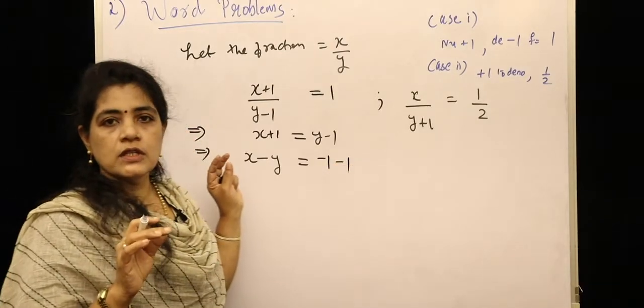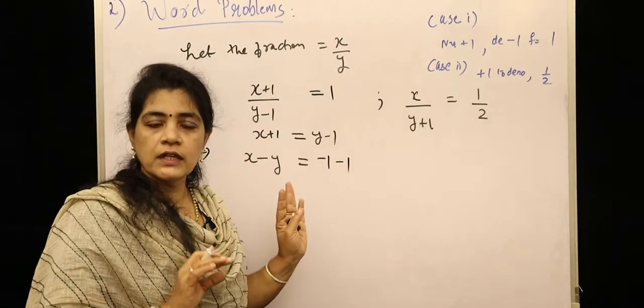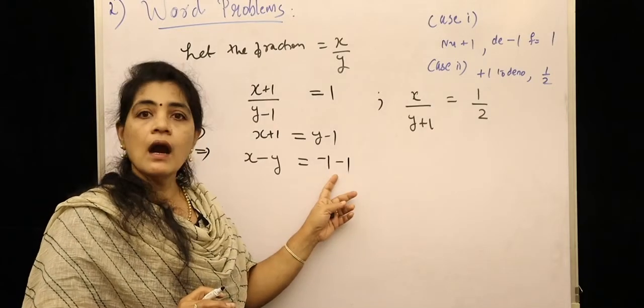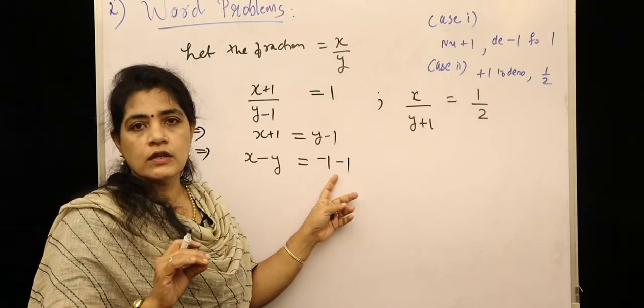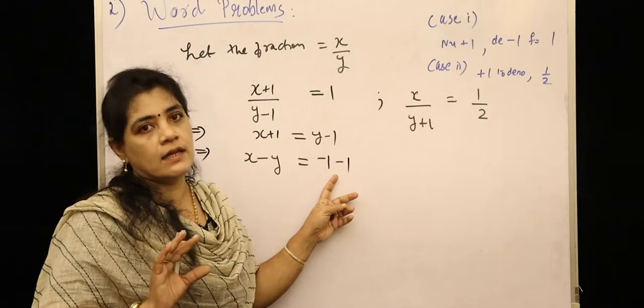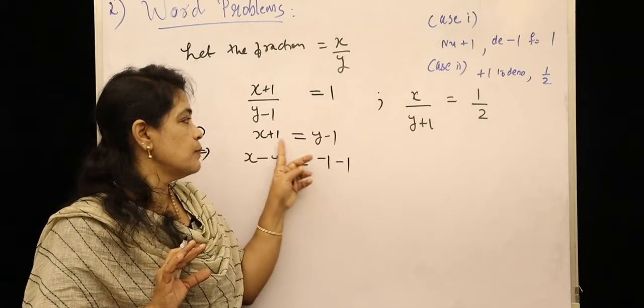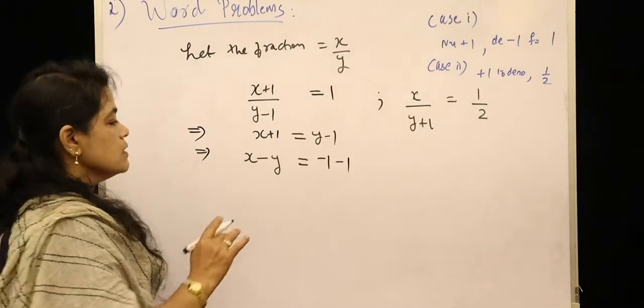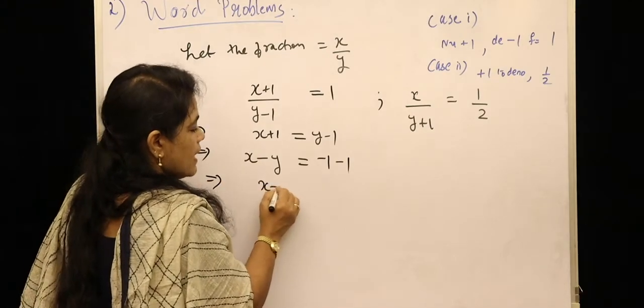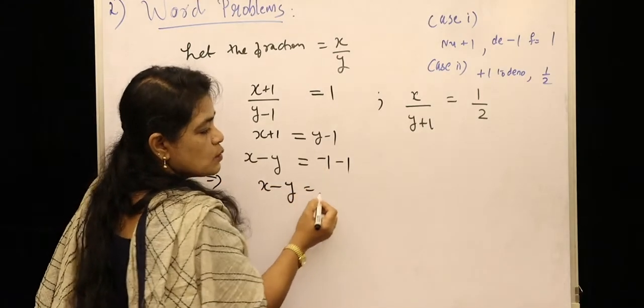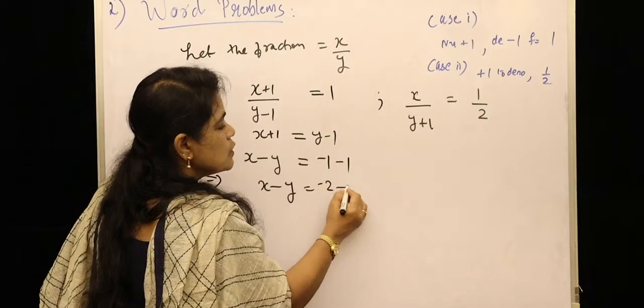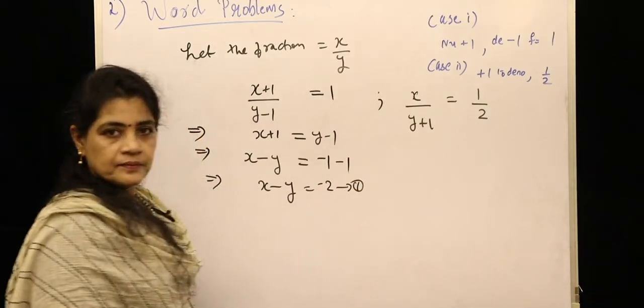Usually this is the procedure in the elimination method. I already told in the last video, we keep the constant only on the RHS. So this plus 1 becomes minus 1 on the RHS. So this becomes x minus y is equal to minus 1 minus 1, that is minus 2. So this can be the first equation.